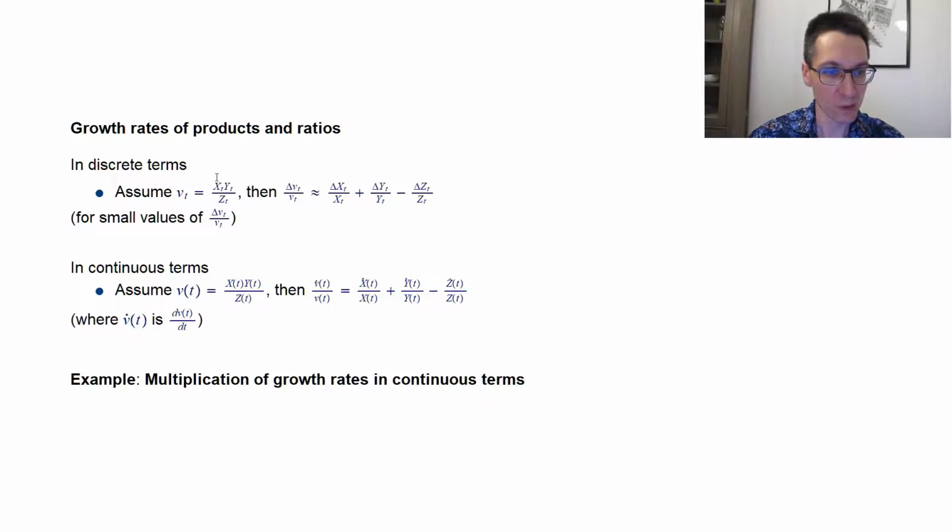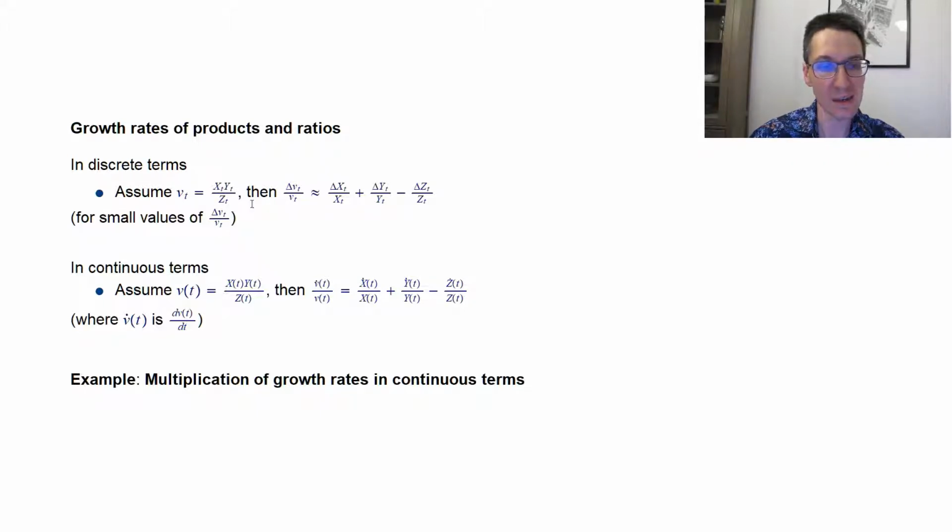So in discrete terms, assume that I have some variable, and I'm going to put everything into one formula. It's a product of x_t and y_t divided by z_t. So it's a product and a ratio.